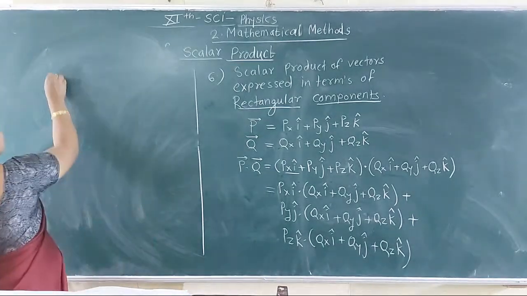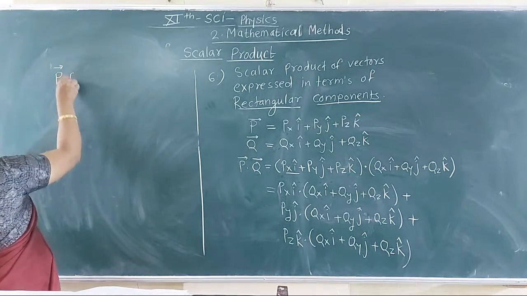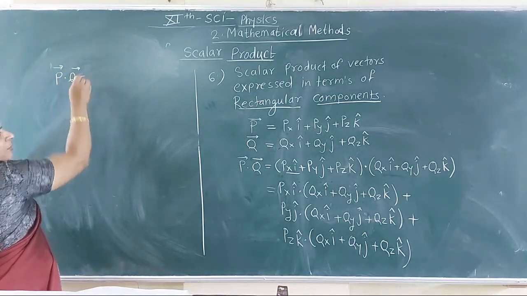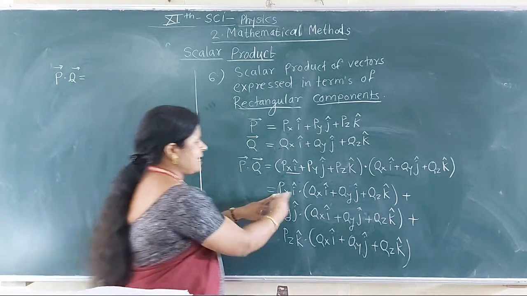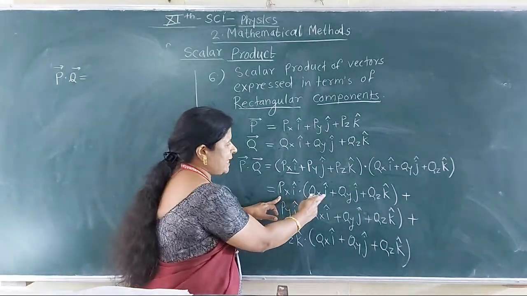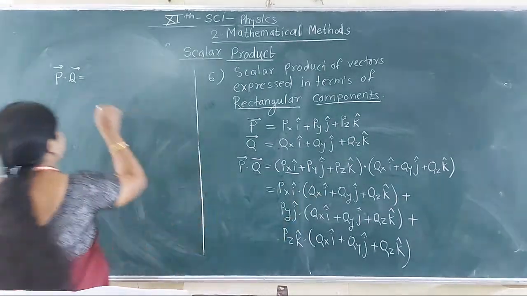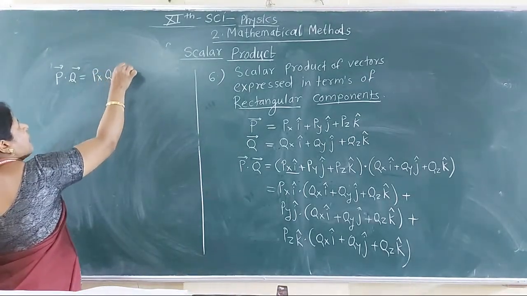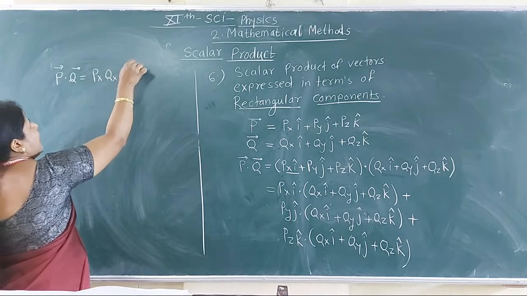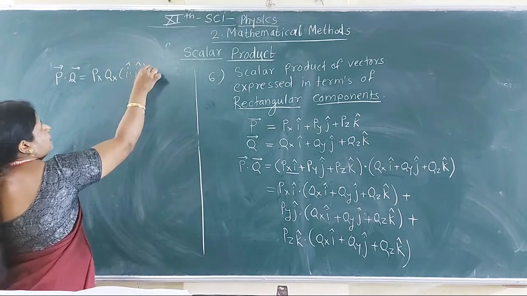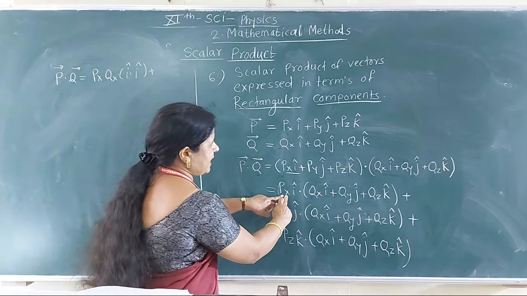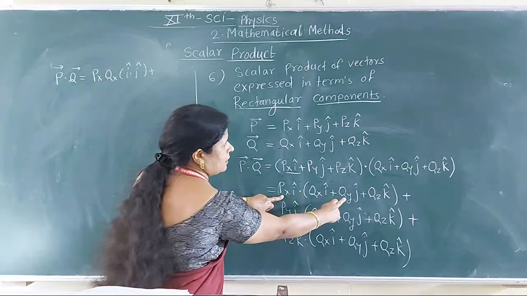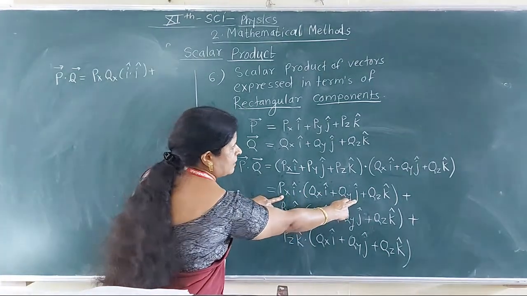So vector P dot vector Q is equal to Px i cap multiplied with Qx i cap. So we get PxQx (i cap dot i cap) plus Px i cap multiplied with Qy j cap.